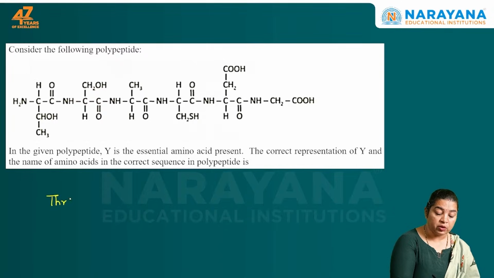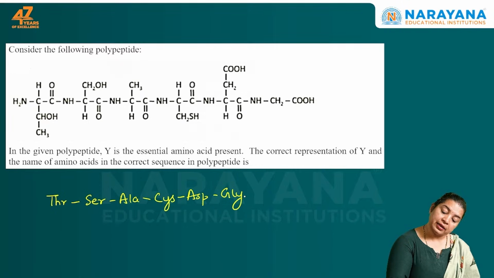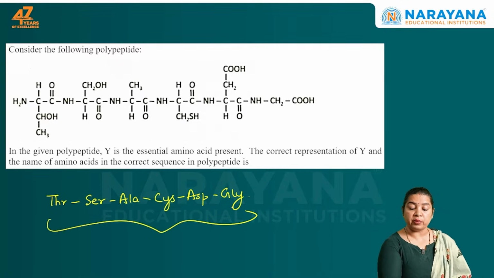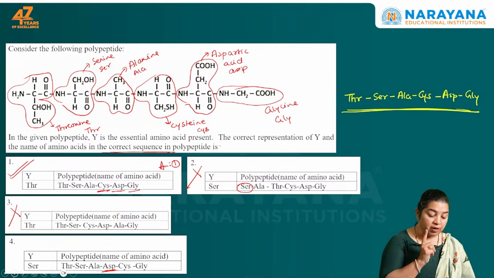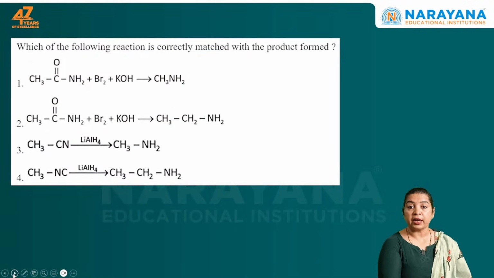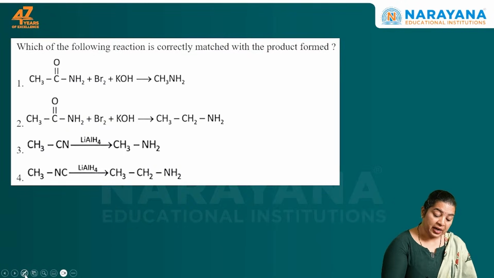These are the important ones: threonine, serine, alanine, cysteine, aspartic acid and glycine. This is the combination we want, and thus we select option first. Okay. Moving to next question, which of the following reactions is correctly matched?